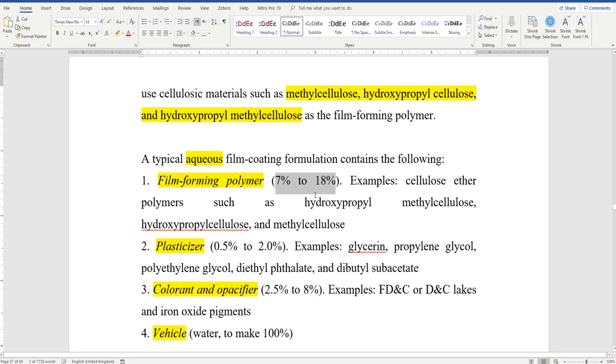Of course, the more the better, but there will be a problem regarding, as I said, the viscosity of the preparation. If the preparation is very viscous, you will have problems with spraying it. You will have other problems with the tablets.